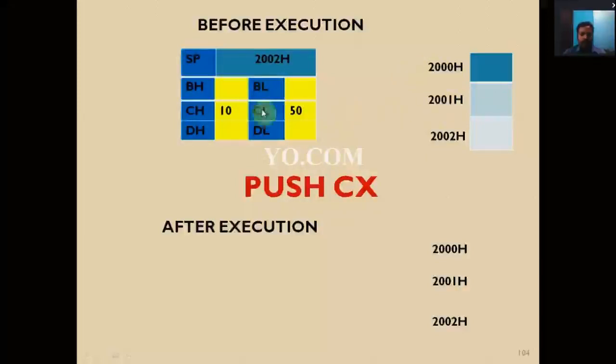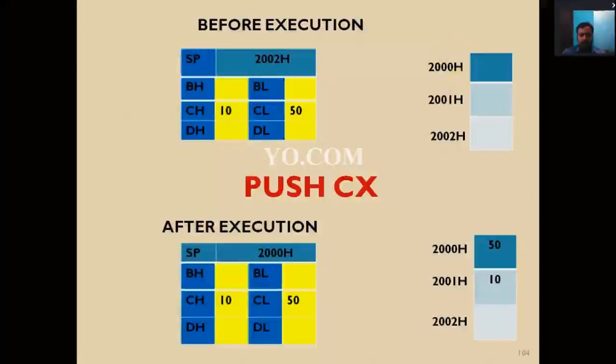Here CH is 10 and CL is 50, so CX equals 1050. That is the CX value, and it is going to be loaded to the stack. This is before execution. After execution, the higher byte CH is loaded to the stack first. After that, the lower byte is loaded to the stack. This is the push CX operation.